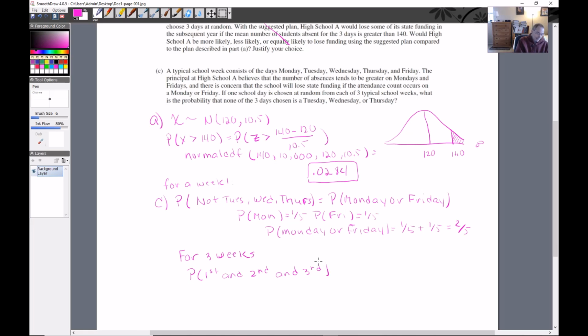And means to multiply. Any given week is 2/5. So 2/5 times 2/5 times 2/5. That's going to be 8/125, which is 0.064.